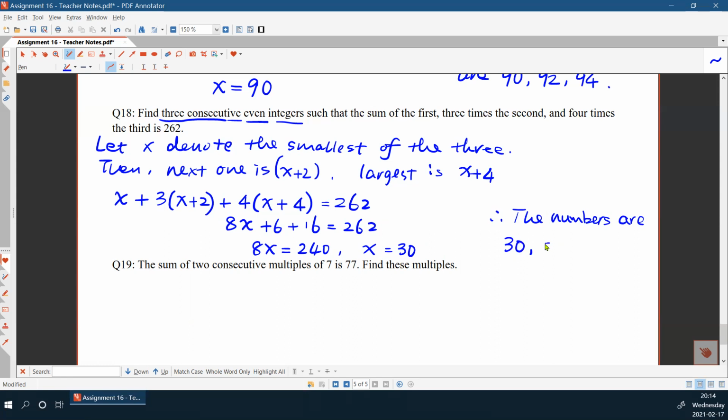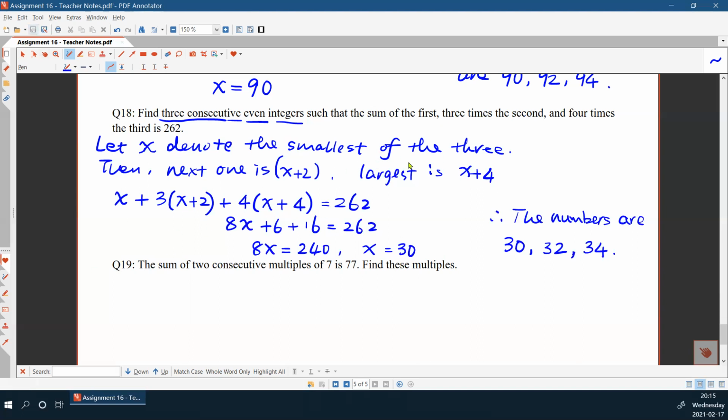Next one, plus 2, which is 32. Next one, plus another 2, which is 34, right? Any questions? No?